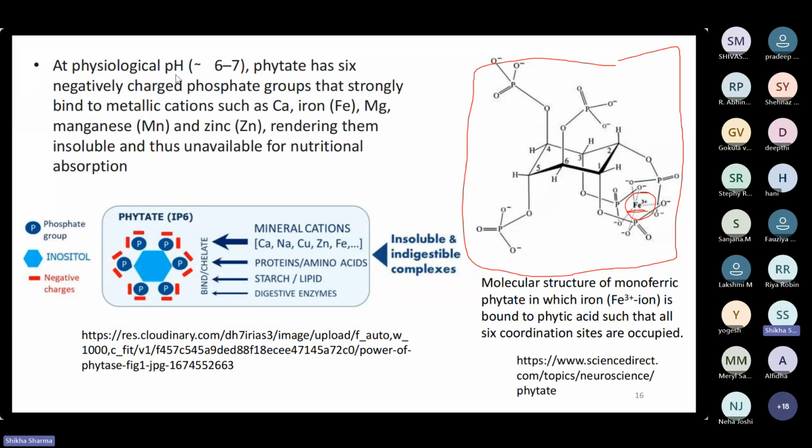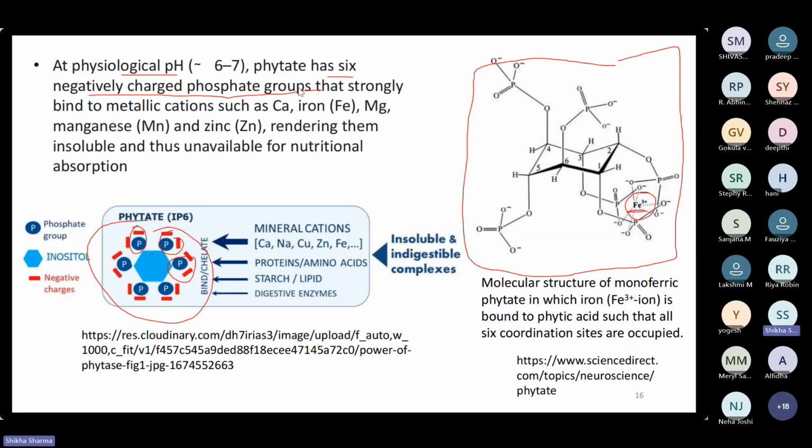At physiological pH 6 to 7, phytate has 6 negatively charged phosphate groups. So if we see this phytate structure, there are 6 negatively charged phosphate groups.